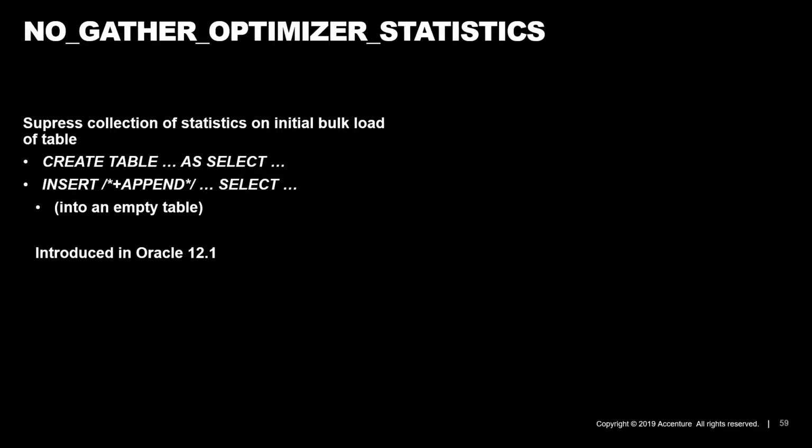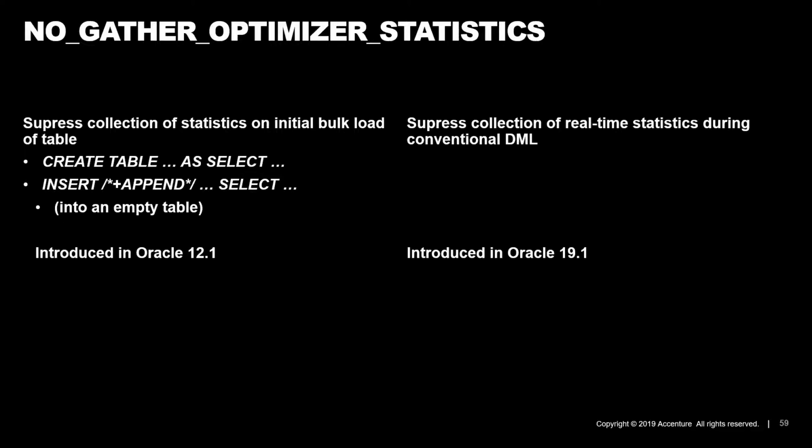The no-gather optimizer statistics hint has two functions. It was originally introduced in Oracle 12.1, where it can be used to suppress the collection in real time of normal statistics during the initial direct path load into a new table. In 19, it can be additionally used to suppress the collection of real-time statistics during the subsequent conventional DMLs.